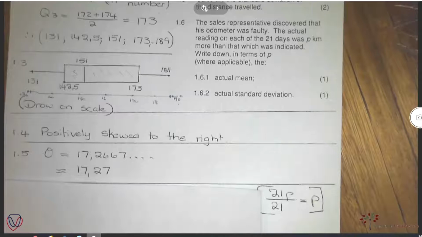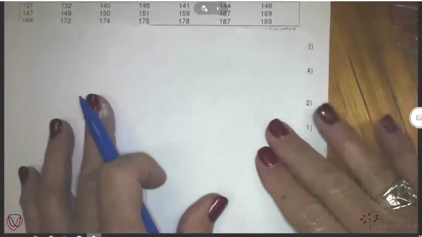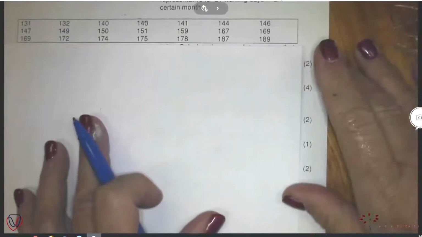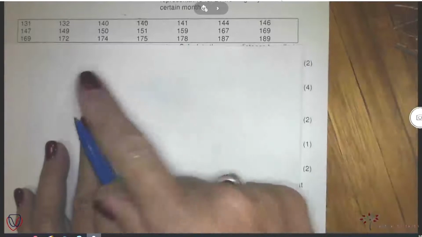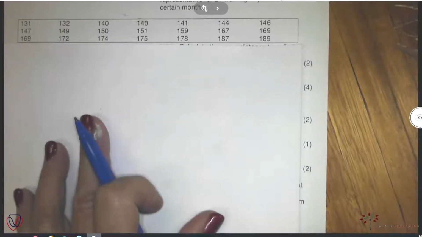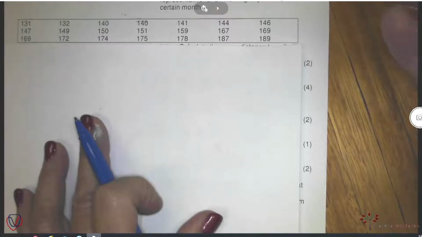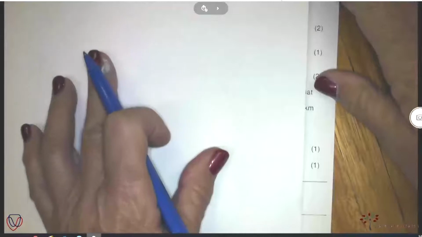Now, people, all these numbers, you're going to add 30 to them because his odometer was faulty. You add 30 to all of them. In other words, your mean will only change with 30. You will add 30 to your mean.